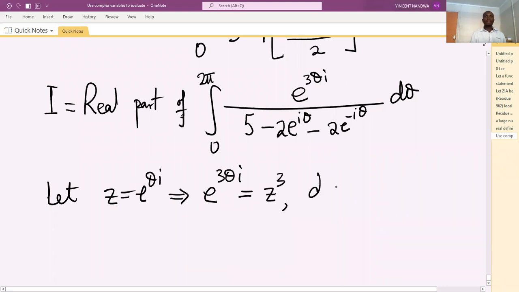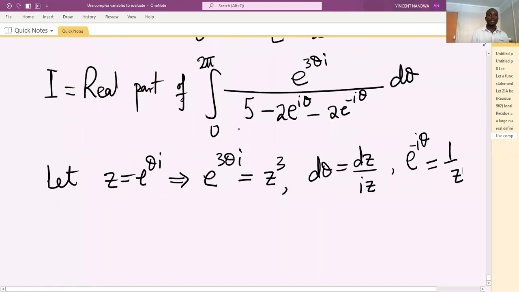The d theta, you can always show, is given by dz over iz. And when you say e raised to power minus I theta, you get it as 1 over z. So with the new variable z, you now change the structure of the integral.